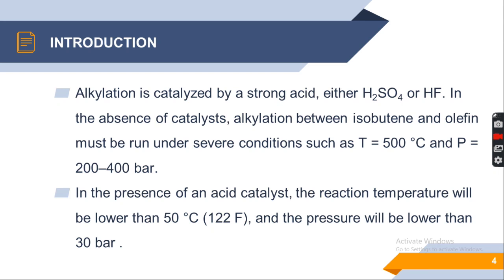In the presence of an acid catalyst, the reaction temperature is quite low. It is generally lower than 50 degrees Celsius, and the pressure also drops significantly. The pressure required is lower than 30 bar.